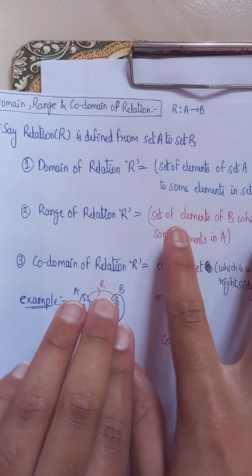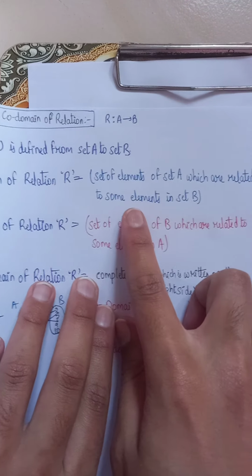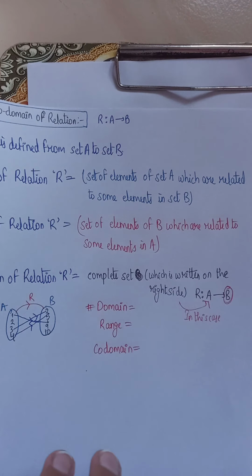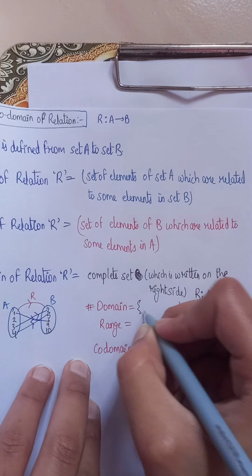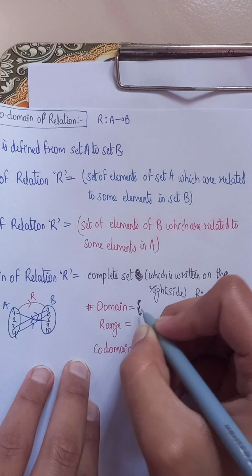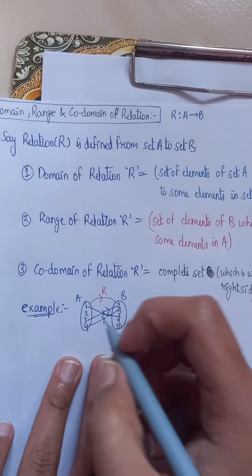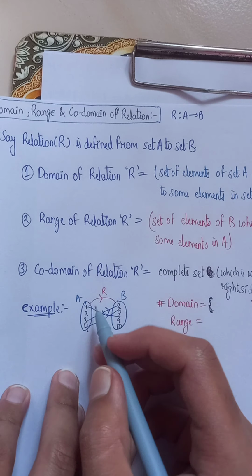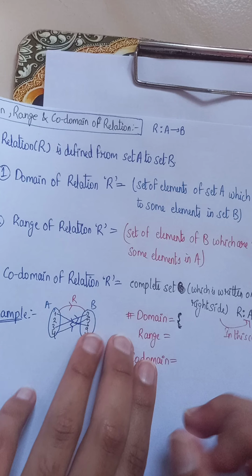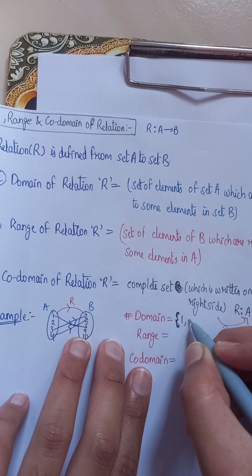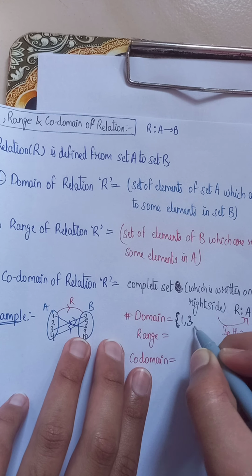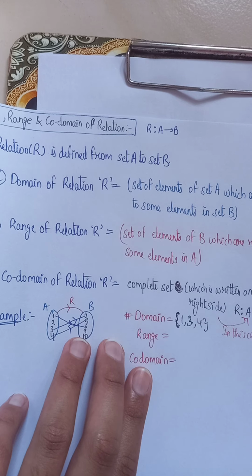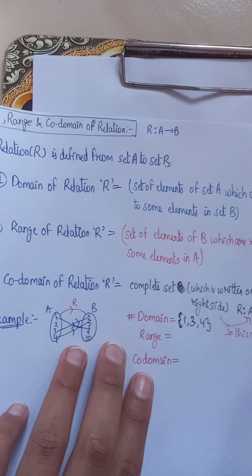The domain of the relation R means the set of elements of set A which are related to some elements in set B. So what are the elements related in set A? 1 is related, 3 is related, 4 is related, but 2 is not related, since there is no arrow mark here. So the domain is 1, 3 and 4.